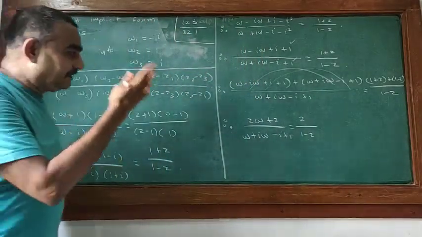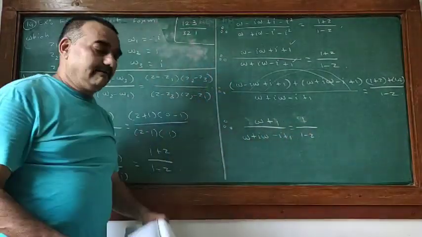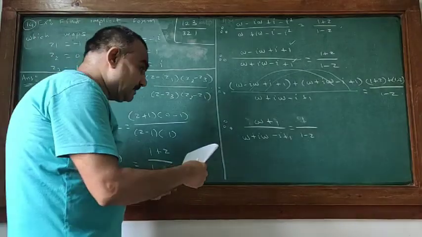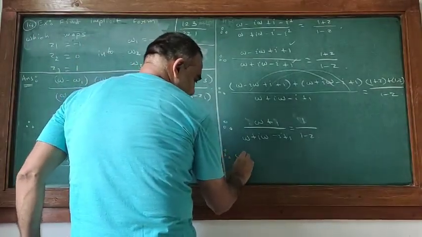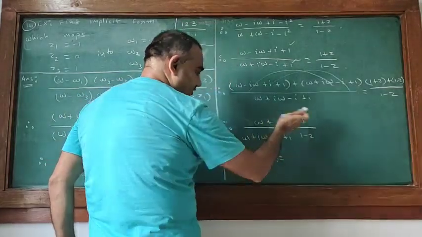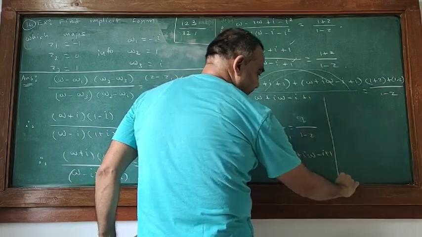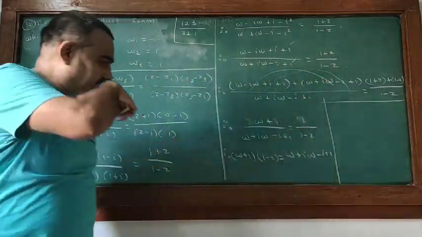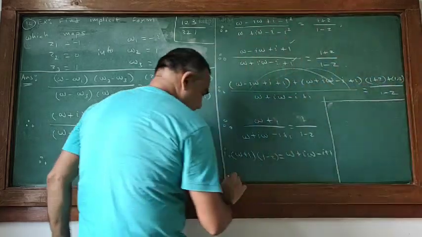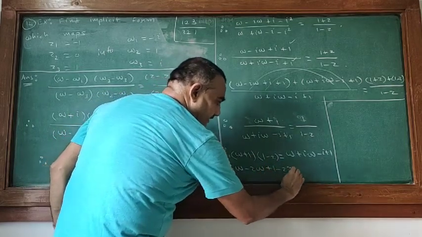Now we are going further in the simplification, so we can cancel out these 2, and due to that it is 1 there. We cancel out 2 from both sides. Then we multiply omega plus 1 into 1 minus z by cross multiplication, giving omega minus z omega plus 1 minus z.